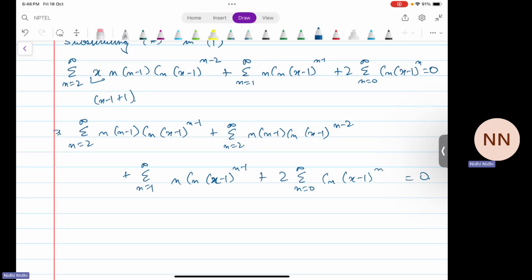Now let's shift these n in such a way that in all this summation we get (x minus 1) to the power n same.